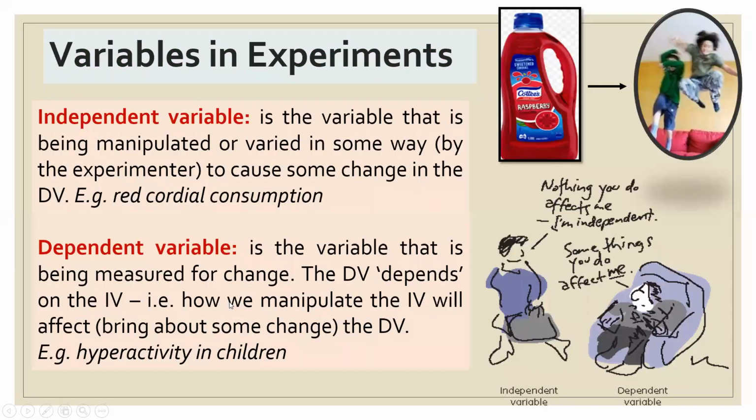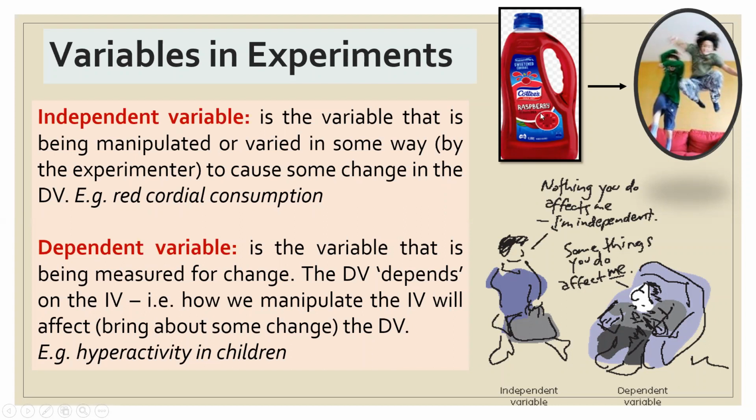Then we looked at the difference between the two variables that we often use in experiments. So IV and DV, we said the IV is the cause. Okay, it's the cause factor. The DV is the effect factor. So the effect of red cordial on hyperactivity. So hyperactivity is the effect, that's the behavior we're measuring for change. And red cordial is the IV, that's basically the cause.